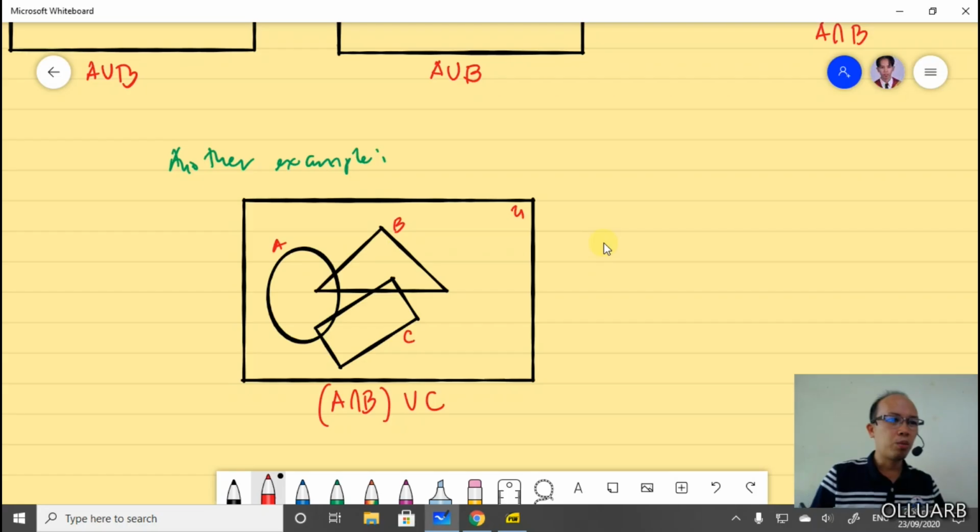So for A intersection B, since this is a union, you shade this region here and at the same time shade this region here. The answer for this one is 1, and then union, so you have this one.